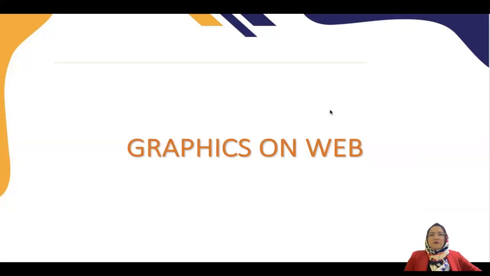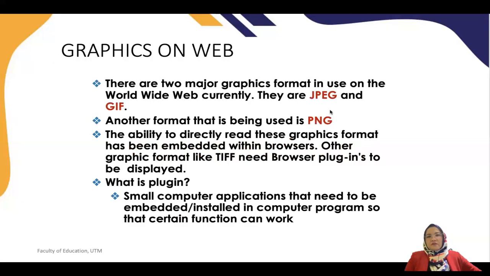So if we talk about graphics on the web, normally we would use JPEG and GIF format, and also PNG. All the images, the photo, the graphics that you saw on the web, they use a lot of these formats.